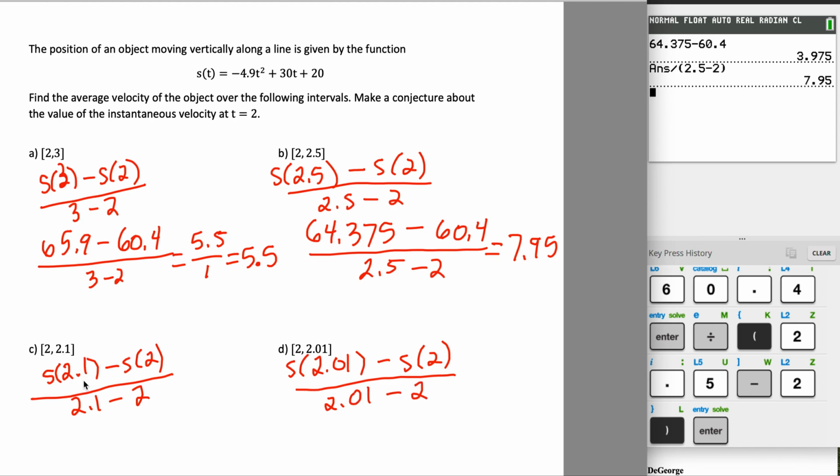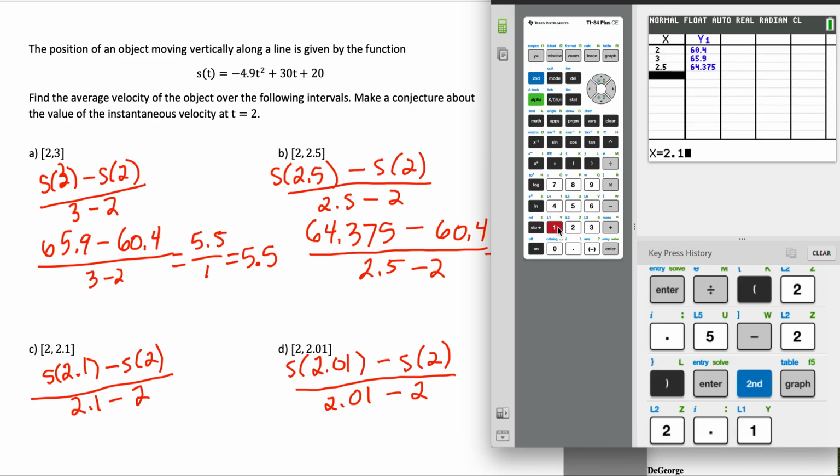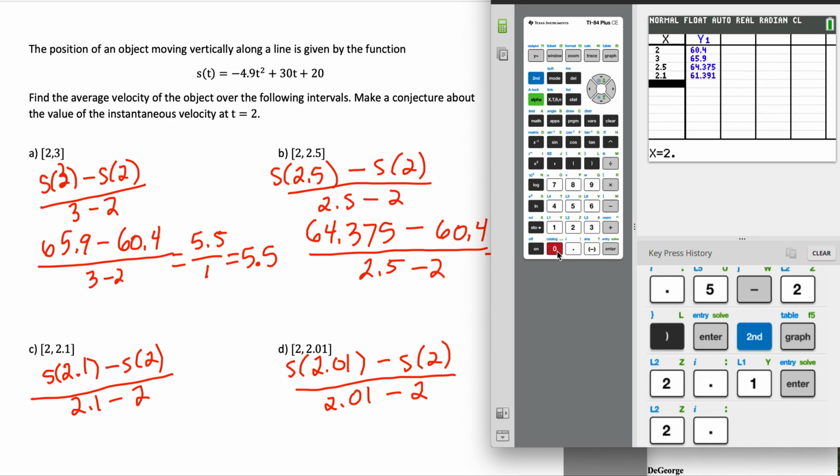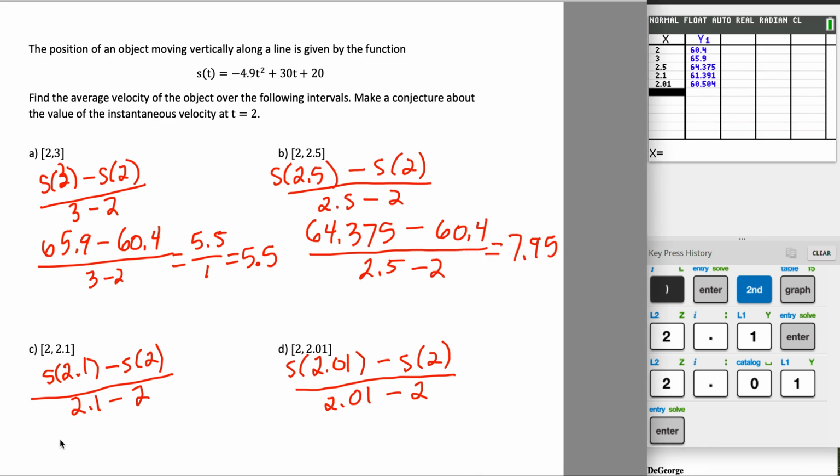Okay, so I'm going to put 2.1 in my table, and I'm going to put 2.01 in my table. So back to my table, I'm going to put in 2.1 and 2.01. And notice I got 61.391 and 60.504.